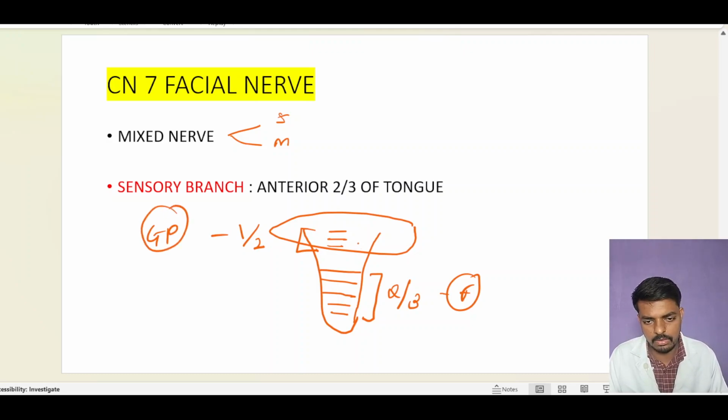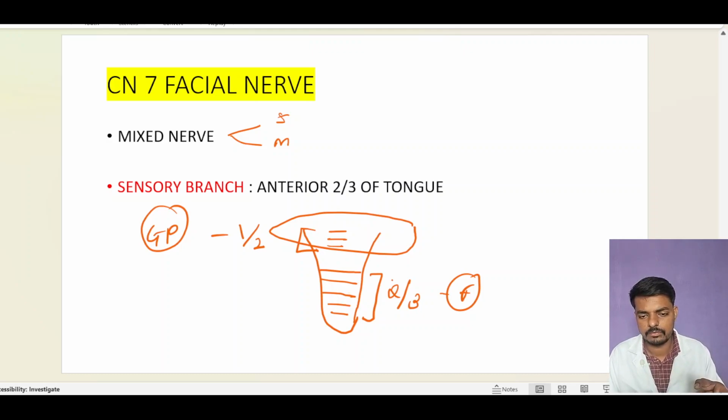If the examiner gives a history that while assessing taste the patient is not getting the sensation of taste in the anterior two-third of the tongue, which nerve is damaged? There is damage of the sensory part of the facial nerve, which is responsible for taste of the two-third part of our tongue.